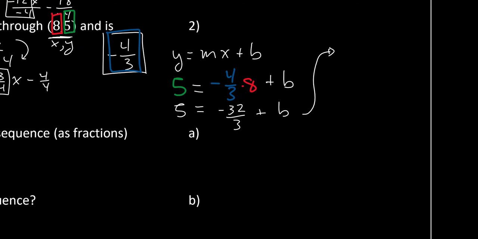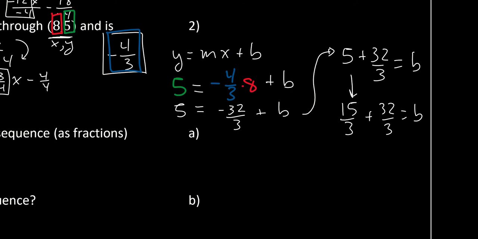So that's going to be 5 plus 32 thirds equals b. If I want to convert 5 into thirds, 5 into thirds is going to be 15 thirds. So I have 15 thirds plus 32 thirds is b. So that means that b, my y-intercept, is going to be 47 thirds.